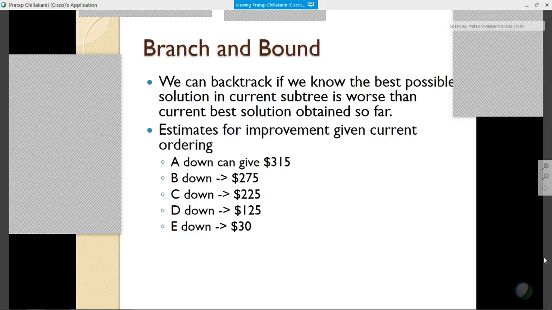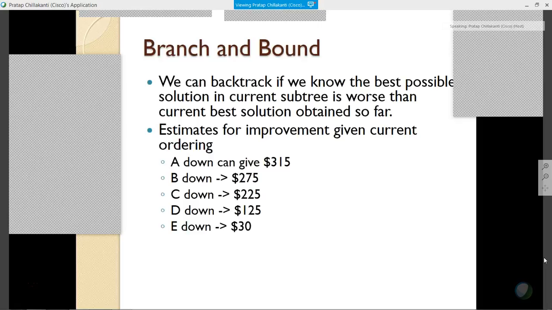As we are considering other tours, if the solution that we come up with is better than the bound, we continue. If it is worse than the bound, we ignore that path. That is the bound, right? So we need to come up with that bound, right? Somehow if we know what is that bound, then it becomes easy.